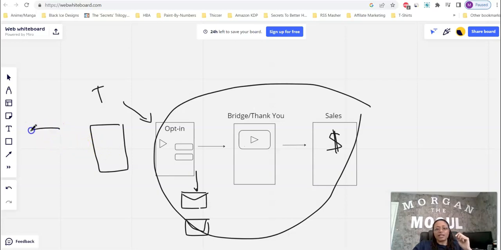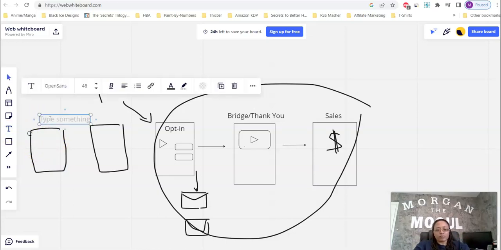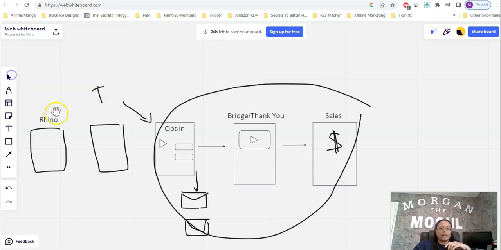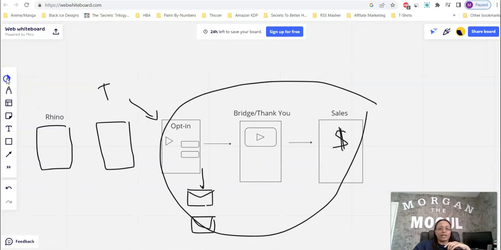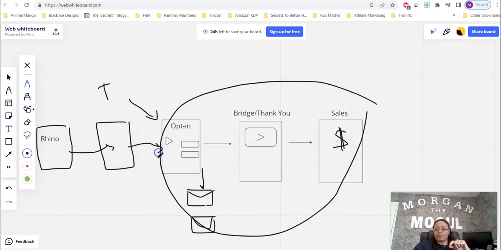So the brilliant part of what we've done is that you've got RhinoBot, and we're just going to make it simple. RhinoBot is every day making sure your emails get sent to My Lead Gen Secrets, and then all of those emails are going straight to your opt-in page.